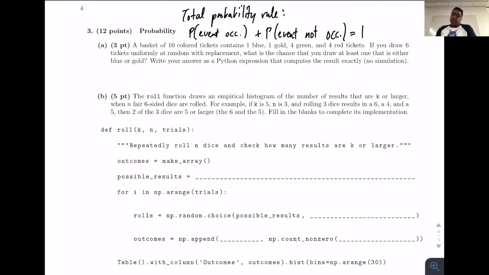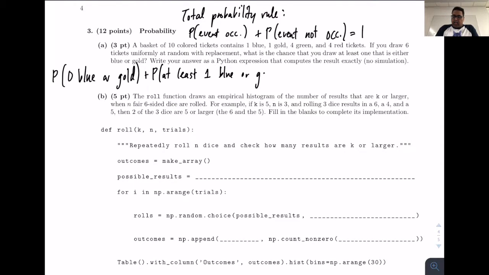So similarly, with this question, either we get no tickets that are blue or gold, or we get at least one. Then the sum of those two events occurring will be 1. So the probability that we get 0 blue or gold tickets once we draw 6 tickets, plus the probability we get at least 1 blue or gold, is equal to 1, because that dichotomizes our sample space.